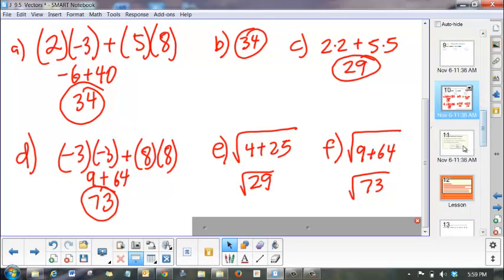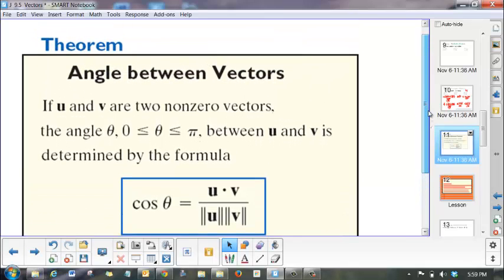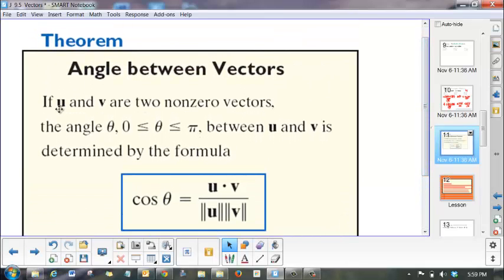Okay, so that's dot product. Let's deal with the angle between vectors. All right, so u and v are two non-zero vectors, and the angle theta is between 0 and pi, or 180 degrees, and it's determined by this formula.